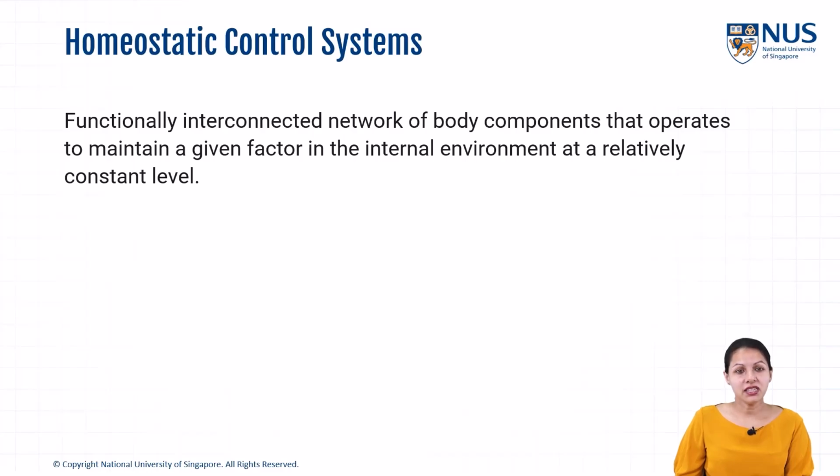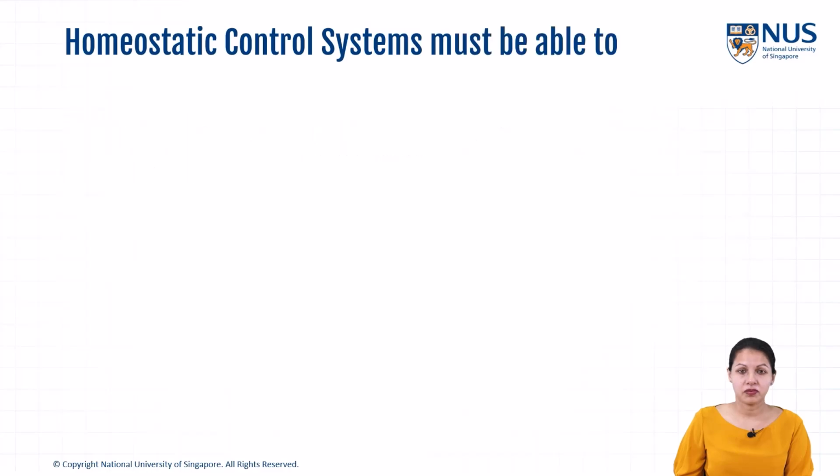They are a functionally interconnected network of body components that operate to maintain a given factor in the internal environment at a relatively constant level. In my earlier lecture, we discussed that the temperature in the body is tightly regulated, and that there are many variables in our body which are tightly regulated. Now, we'll look into how this happens.